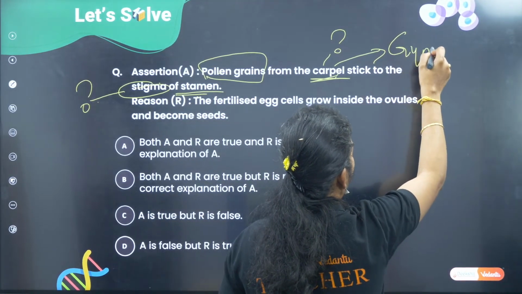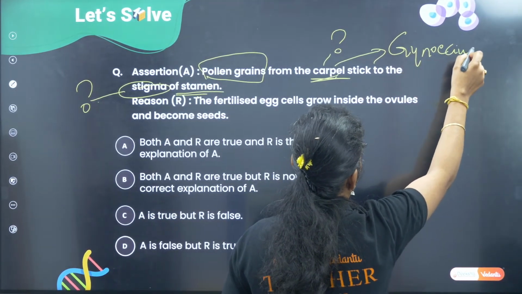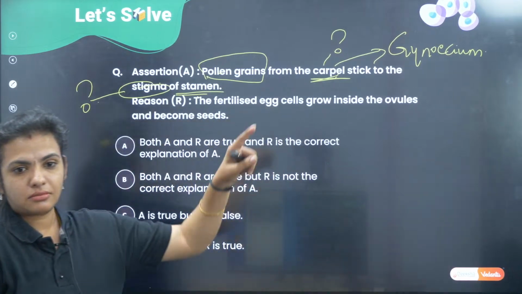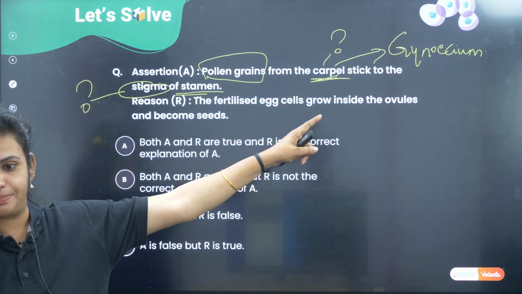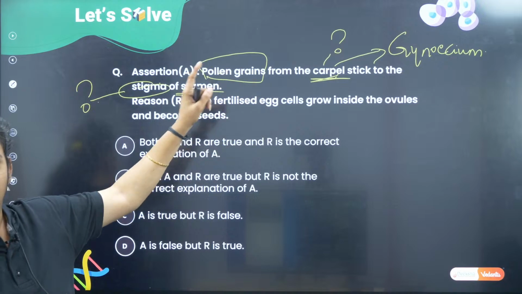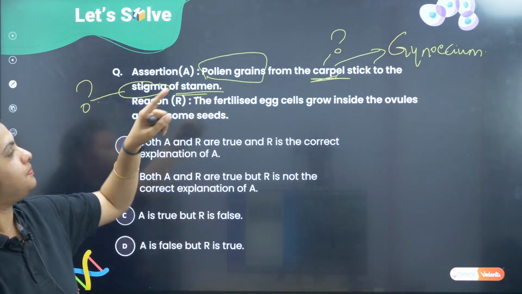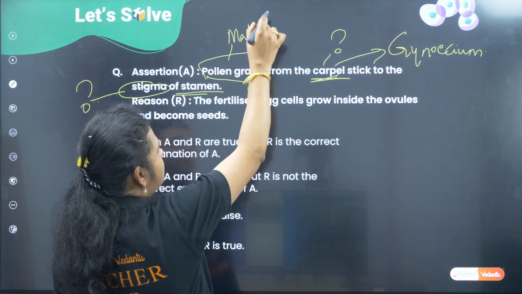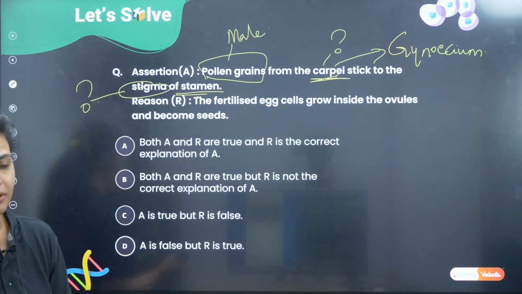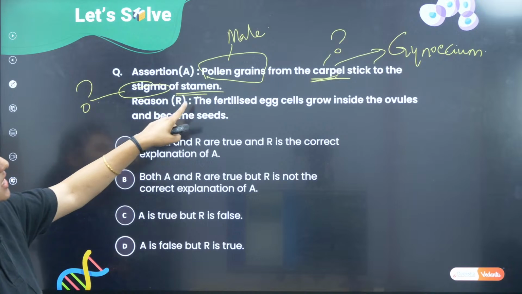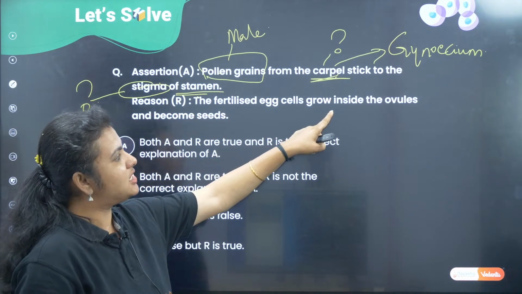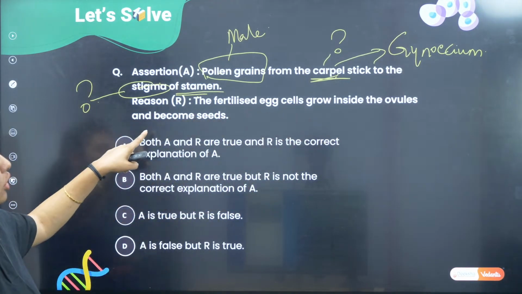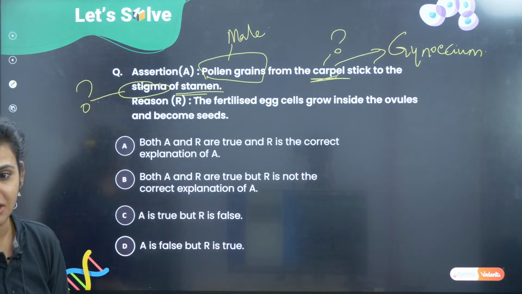Carpel is a female part. Correct? It's a gynoecium. Alright? Pollen grain is a male part. Correct. The reason says the fertilized egg cells grow inside the ovules and become seeds.